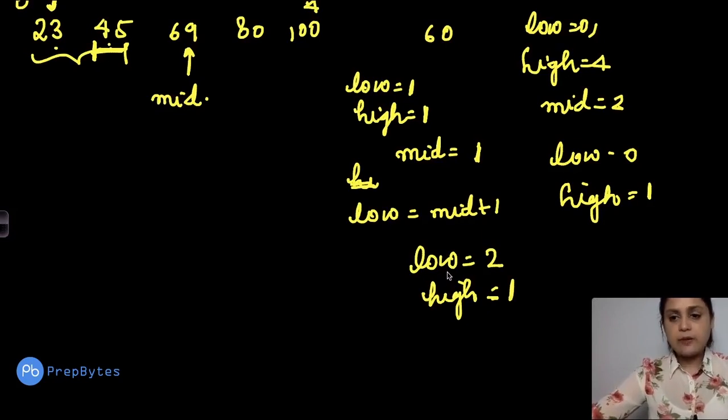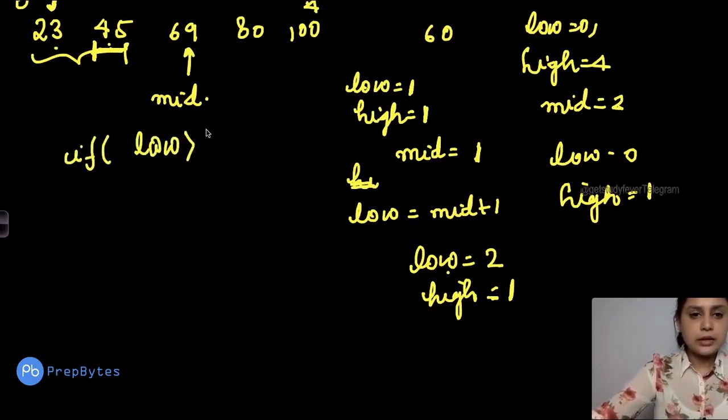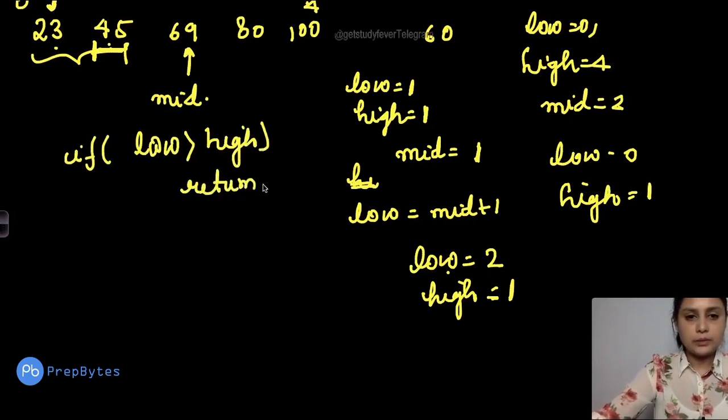The 3 steps that I mentioned run only till low is less than high, or if low is equal to high. If at any point low is greater than high, we simply return minus 1. This is my base condition.